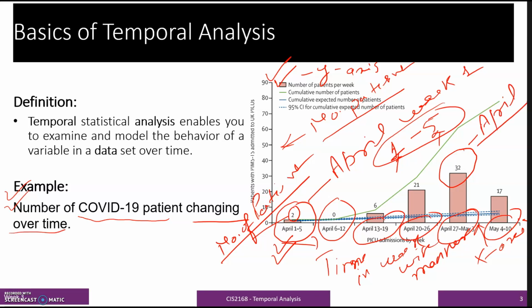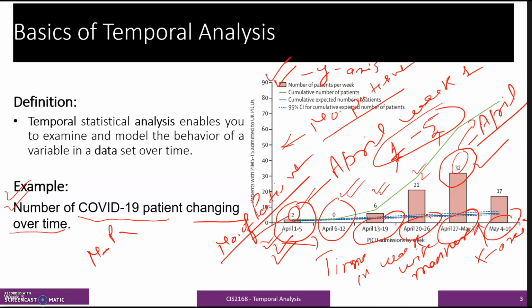So in the last week of April, the number of patients has increased, whereas in the first week, the number of patients was just 2. So here we notice that the number of patients is varying over time. Here you can see 2, then in the second week there was no patient, then in week number 3, the number of patients was 6, then in the next week 21, and here the peak is in the last week of April.